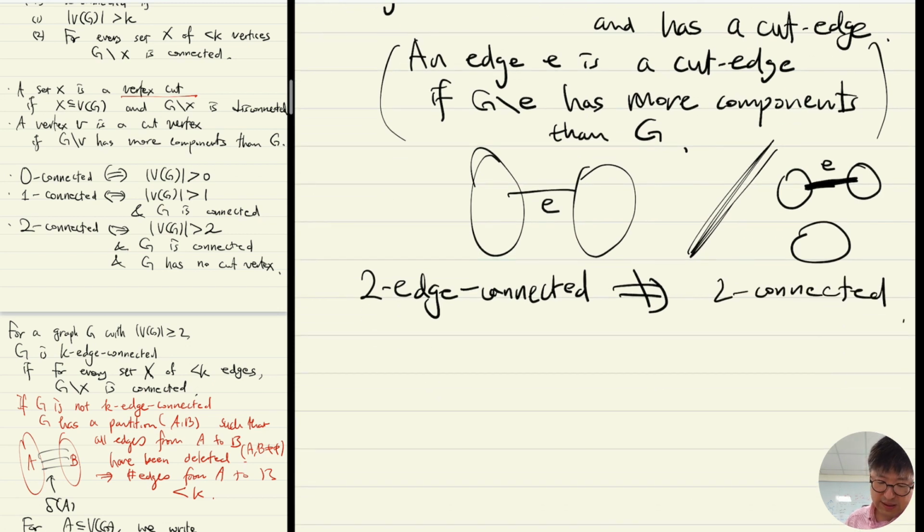Why? What's the example? For instance, I might have an example like this, parallel edges. That's one example, but that's a trivial example. How about this? If I say that the number of vertices is bigger than 2, do we still have a counterexample?